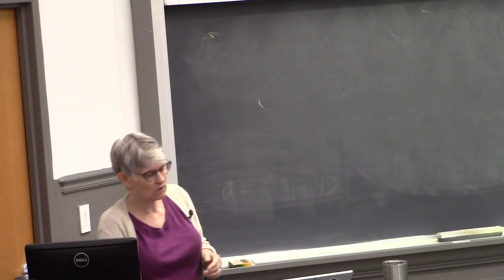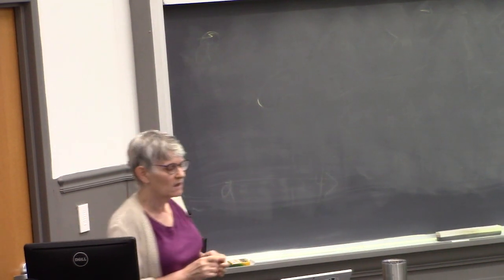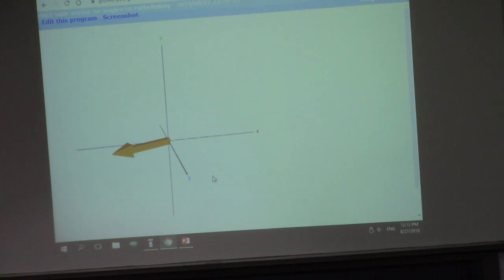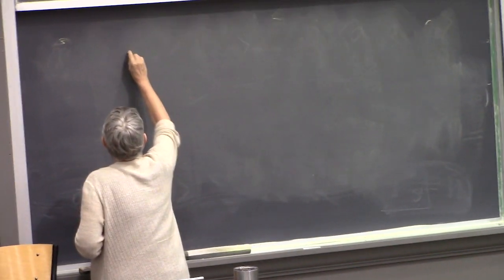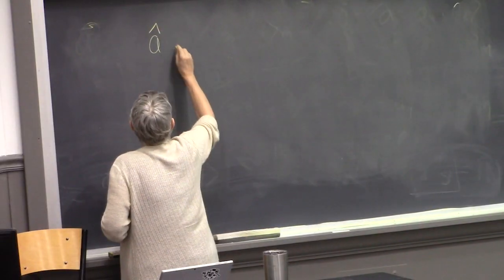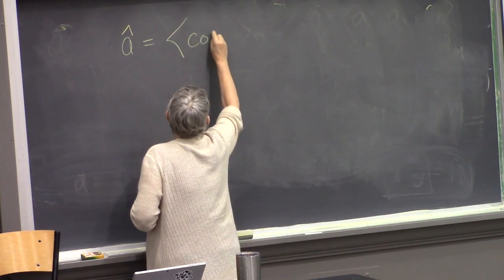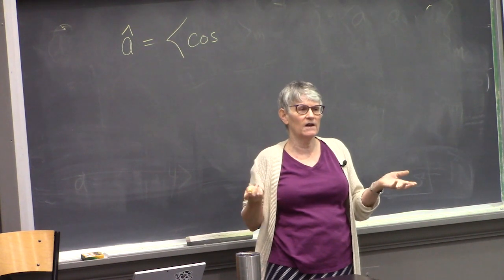And we would like to be able to write a unit vector in a particular direction in terms of angles with the axes. It turns out the way this works is that some vector a hat can be written in terms of cosines of angles with an axis.